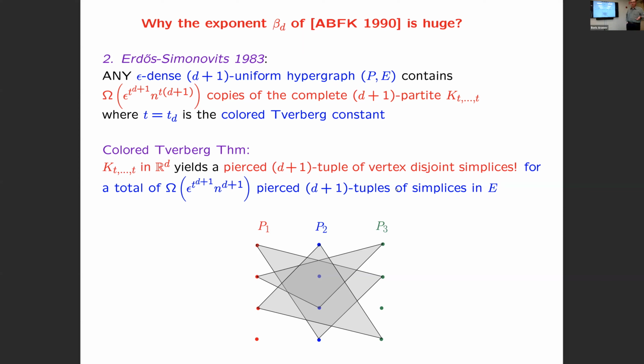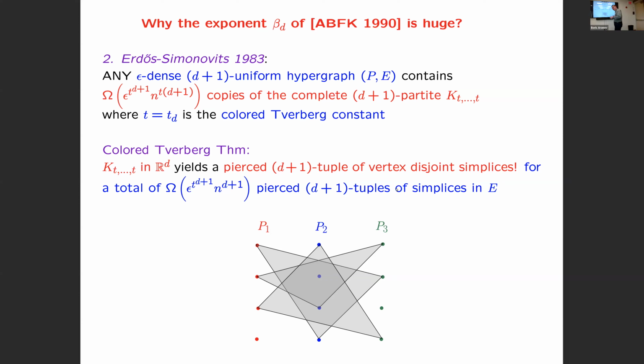In this way, we can use, for example, the fractional Helly result to conclude that one must be able to pierce many of the simplices by a single point.